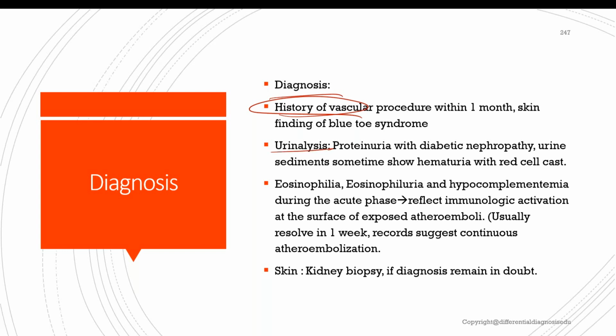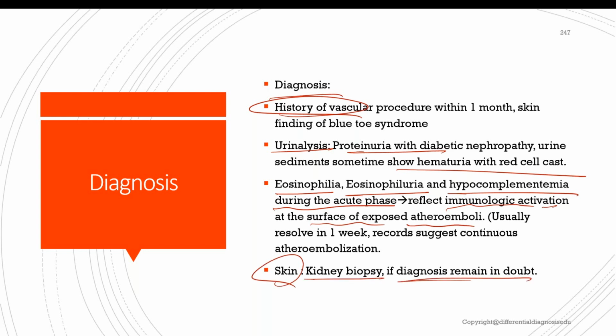Urine analysis is non-specific; it can have proteinuria with diabetes. Sometimes they can have hematuria. They can have eosinophilia, eosinophiluria, and hypocomplementemia during the acute phase, which reflects immunological activation at the surface of exposed atheroemboli. Skin or kidney biopsy if the diagnosis remains in doubt.